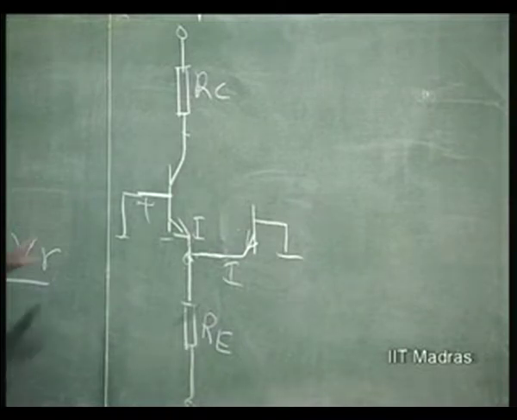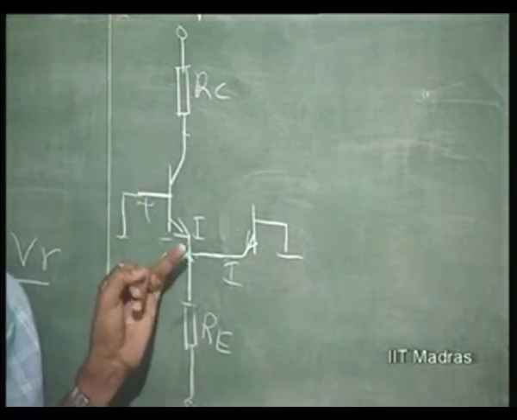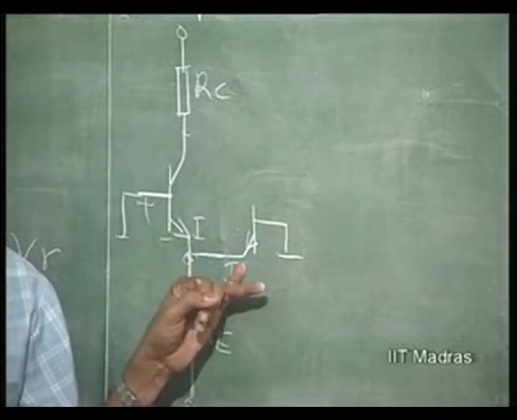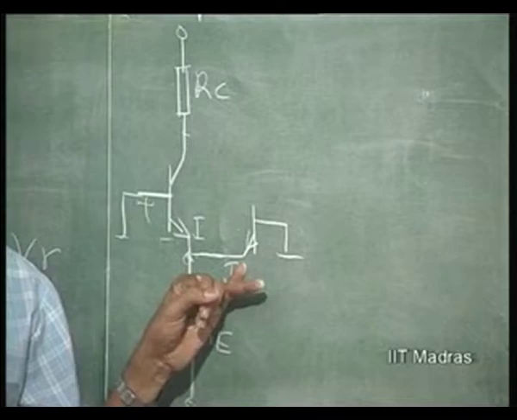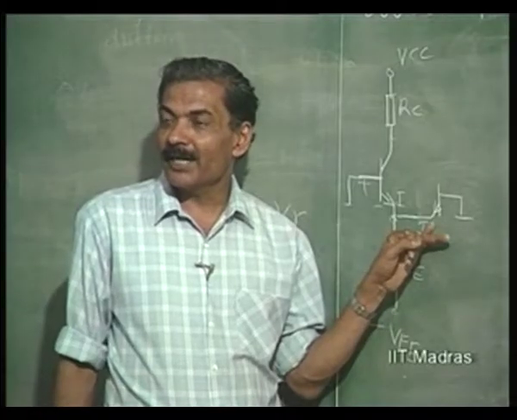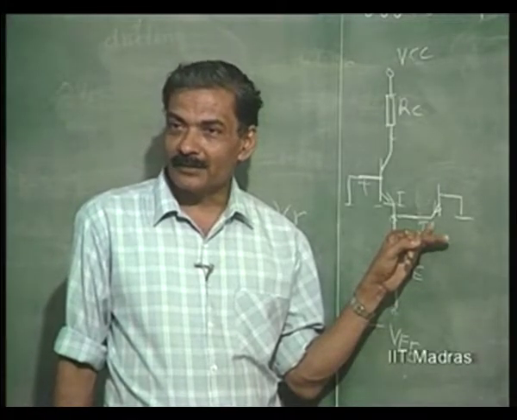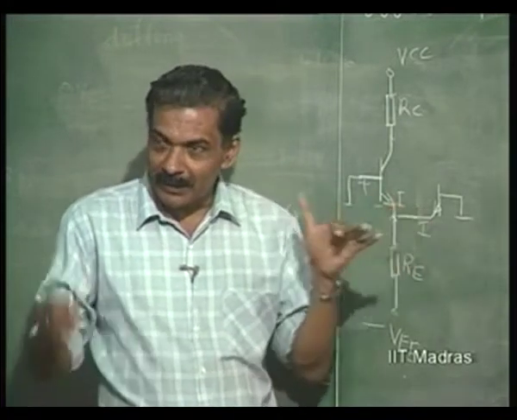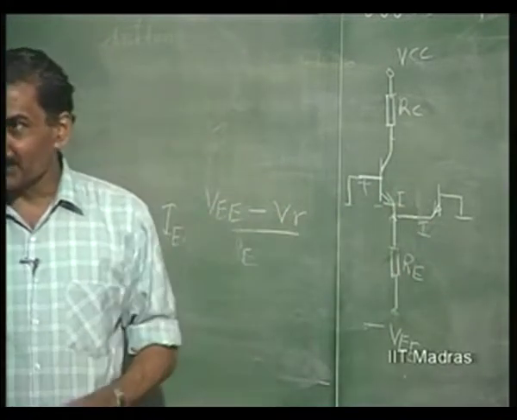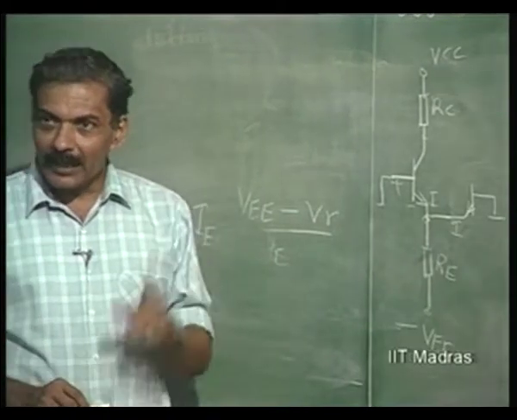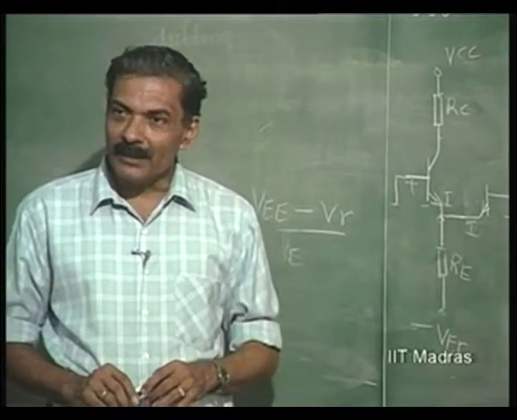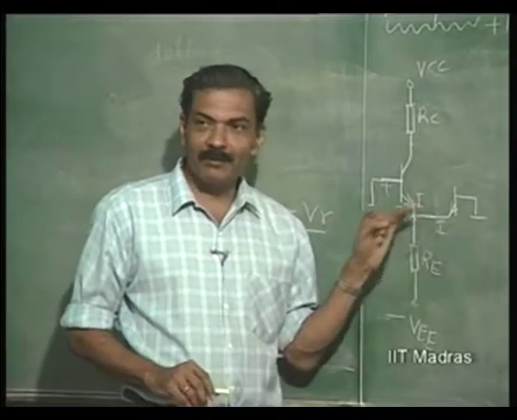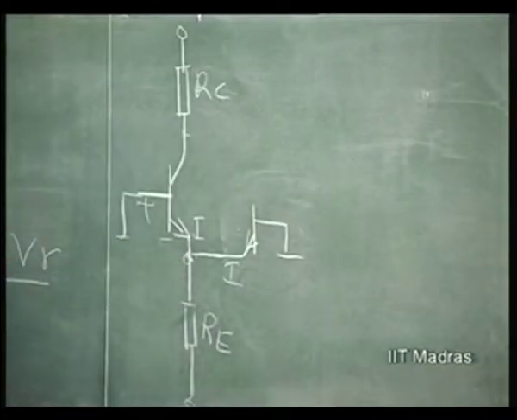If you try to put one discrete transistor and another discrete transistor belonging to the same type, this does not occur, because even if they are the same type, they may not have the same IE naught. But it is highly likely that when they are made in the same wafer subject to the same process conditions, IE naughts are likely to be fairly equal. If such is the case, these I's will be very close.